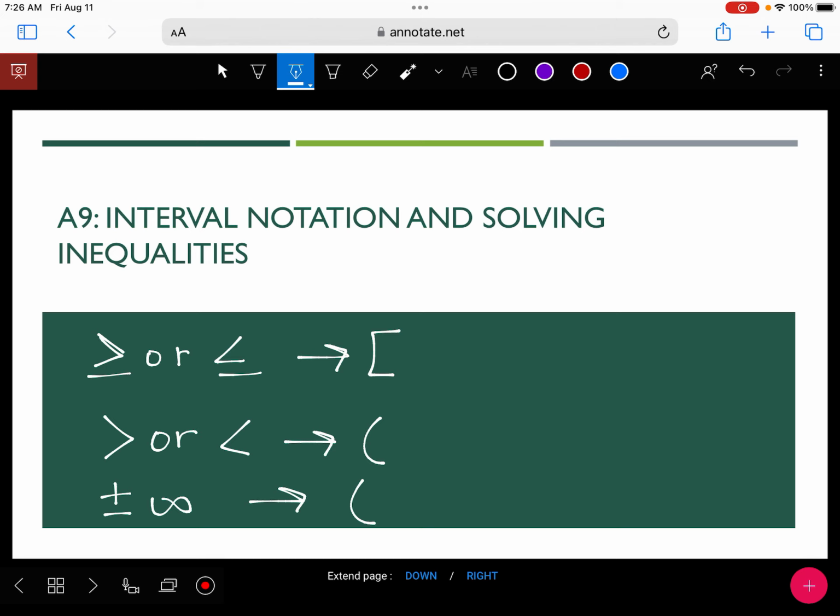Raise your hand if you have seen interval notation. I do believe that's something we talk about in Algebra 2. So, okay. We're just going to write some intervals using interval notation.